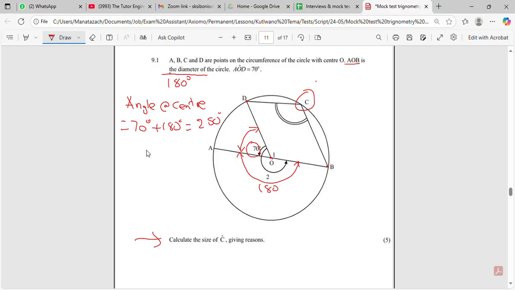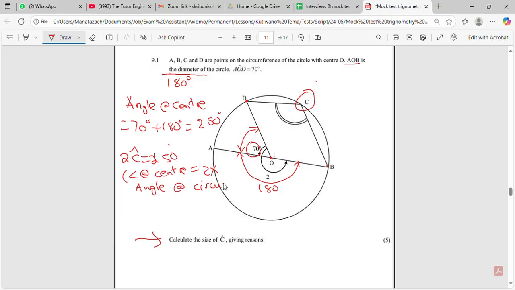Then we're looking for the angle at the circumference. Remember the theorem that I mentioned. So that means I'll say 2 times angle C is equal to how much? 250, the angle at the center. So that would be my reason for making this statement: I will say angle at the center is equal to 2 times angle at the circumference.